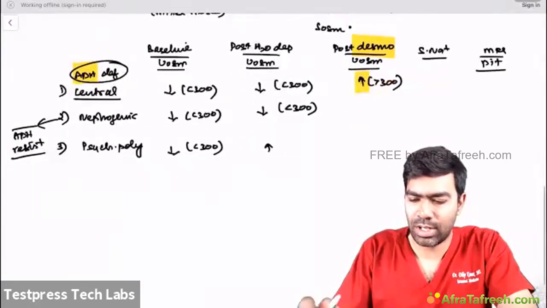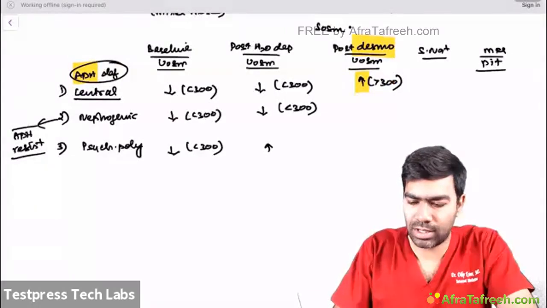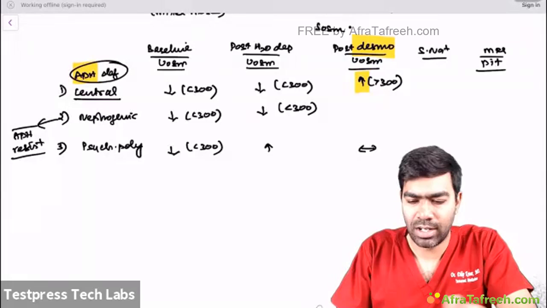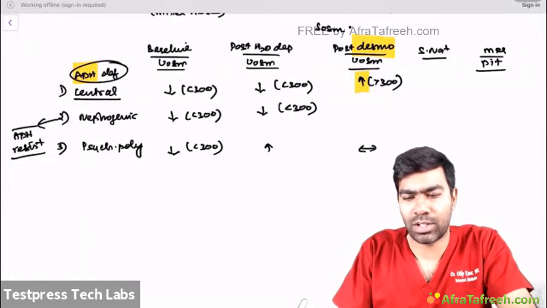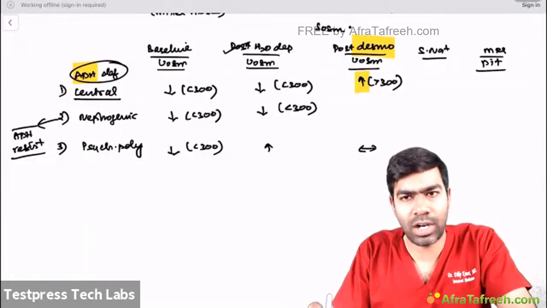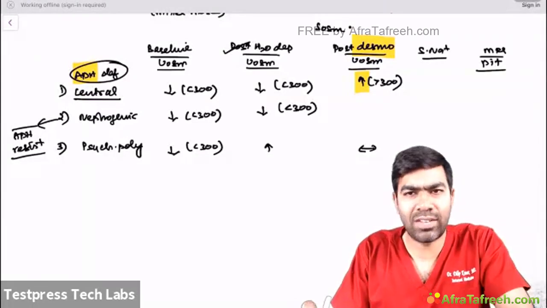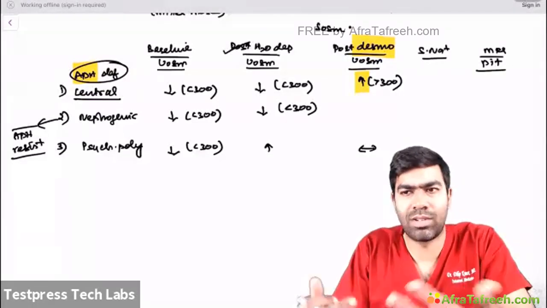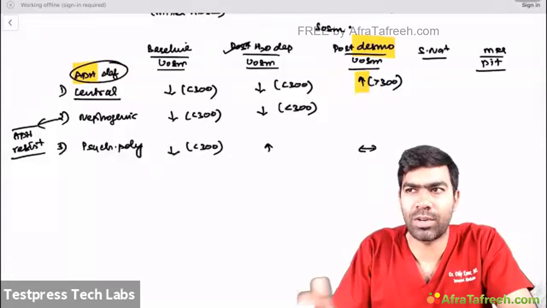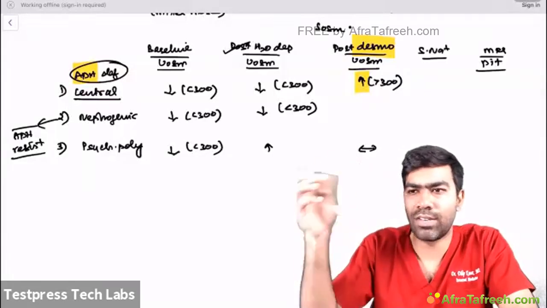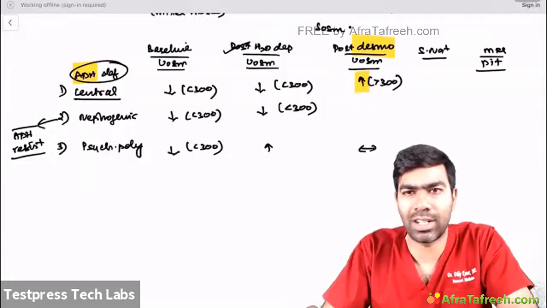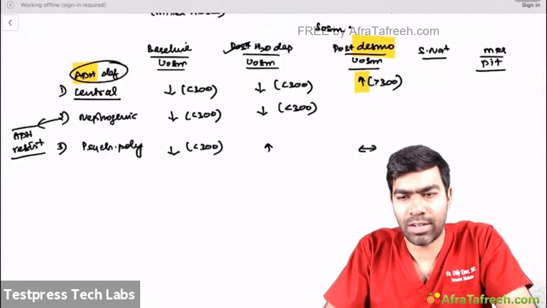As far as psychogenic polydipsia is concerned, there will be no change in the urine osmolality, because whatever response they want to achieve, they have achieved during the water deprivation itself. They reached the peak urine osmolality then, so even if you give desmopressin, that's not going to increase urine osmolality any further.